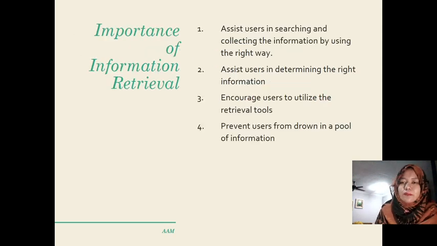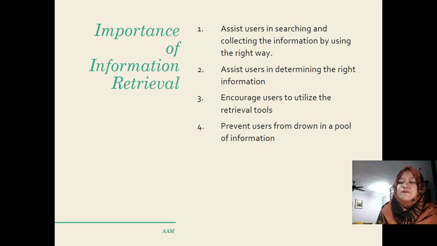So the importance of information retrieval is to assist the user in searching and collecting the information in the right way. So how? We direct them to the right database. Online database, for instance, if that user comes from the engineering field, we can direct them to the IEEE database.